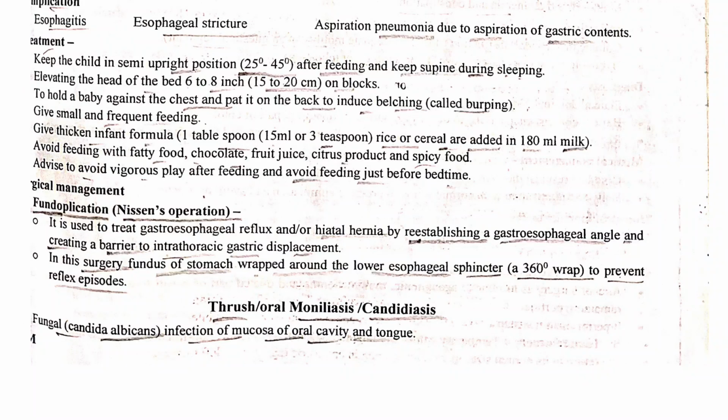Then surgical management: fundoplication, Nissen's operation. It is used to treat gastroesophageal reflux and or hiatal hernia by re-establishing the gastroesophageal angle and creating a barrier to intrathoracic gastric displacement.